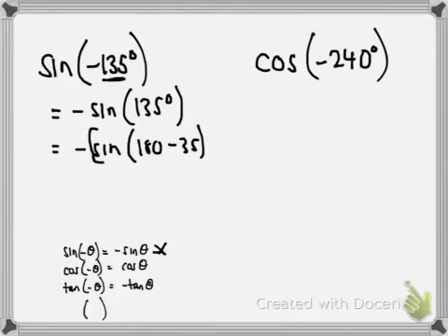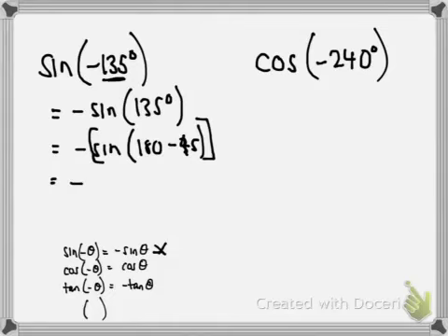I tend to put a square bracket around these, just to make it clear that we're working out what's in brackets, and we'll make sure we include the negative at the end. Now, that's second quadrant, and sine is positive. That should be 45, sorry.